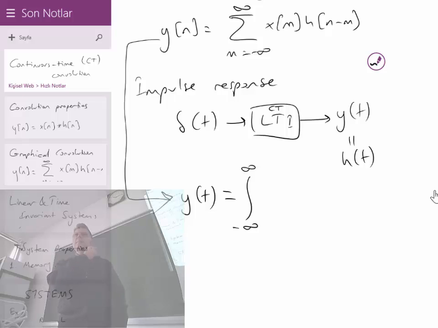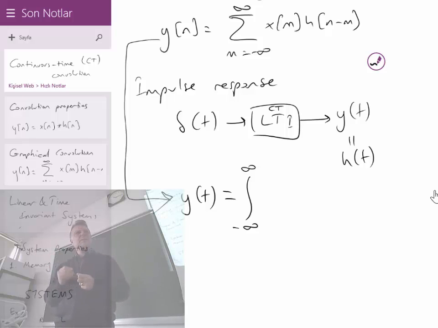And m is different from n. n is time, m is the parameter that we use. So we have to use a different parameter for the running time instead of t. t is the time. So it will not be dt. If you write it like that, there will be no t left in the output. The output will have nothing to do with t. The output must be parametric in terms of t, therefore you cannot use dt.